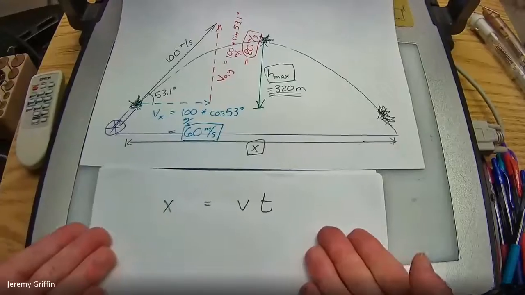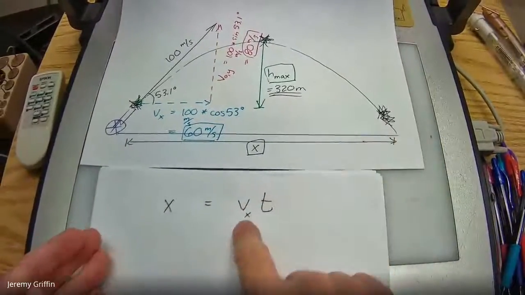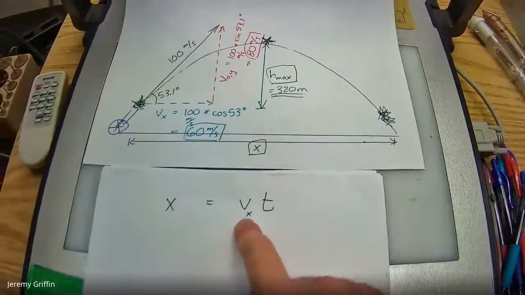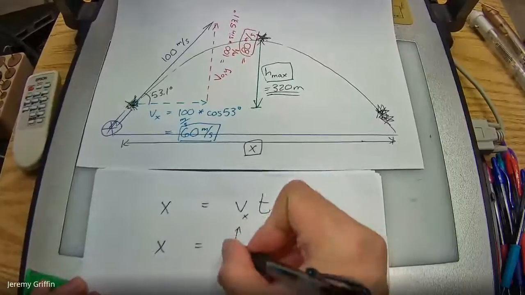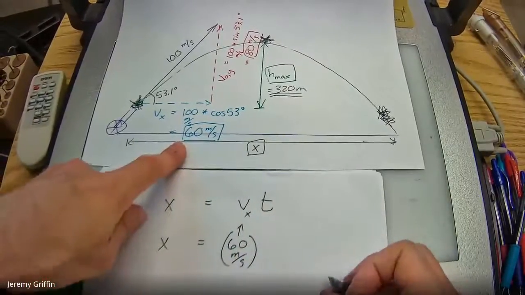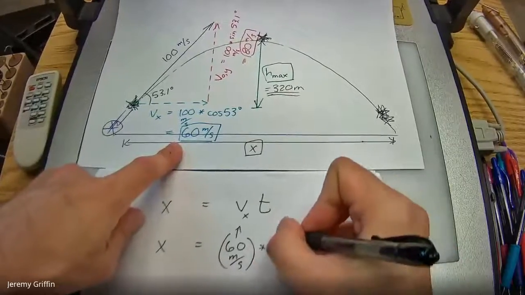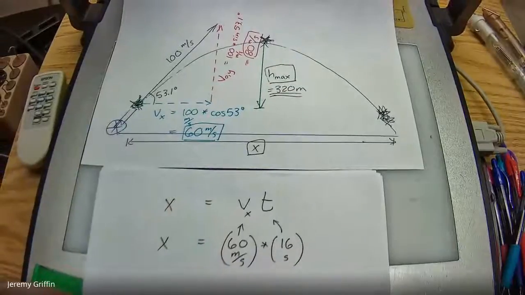As long as you're not accelerating, just this. Now this is, of course, v sub x. This subscript refers to direction. So how far does the cannonball go? Well, it was going at 60 meters per second strictly to the right. That came from here. And it did that for 16 seconds, didn't it?